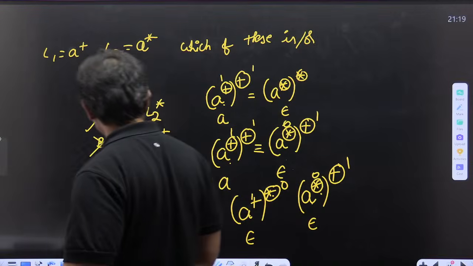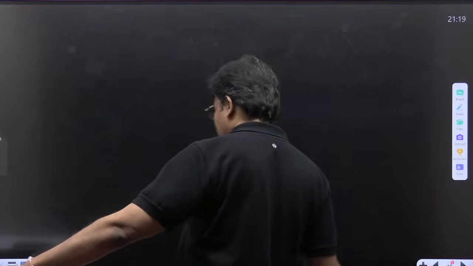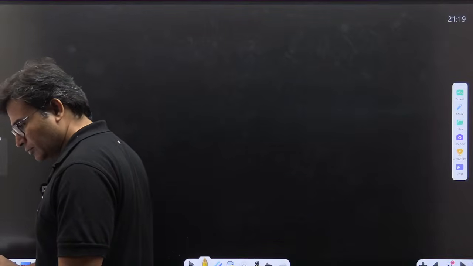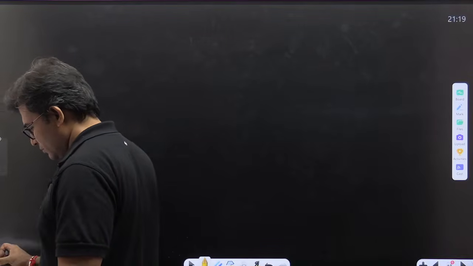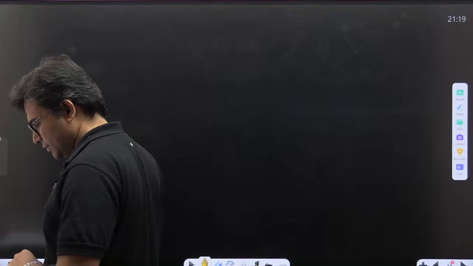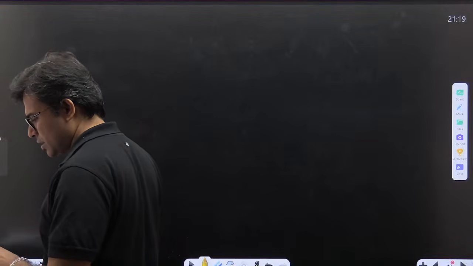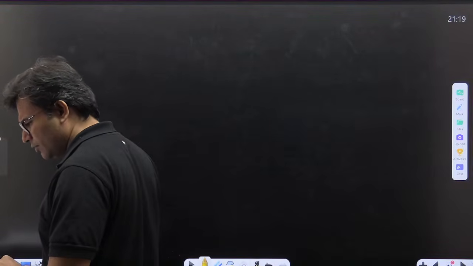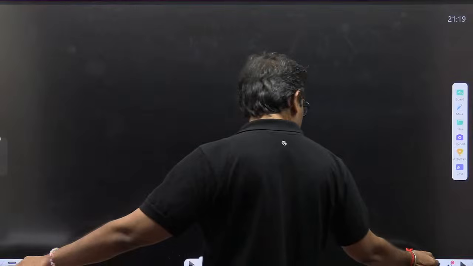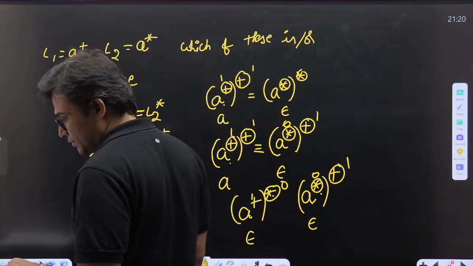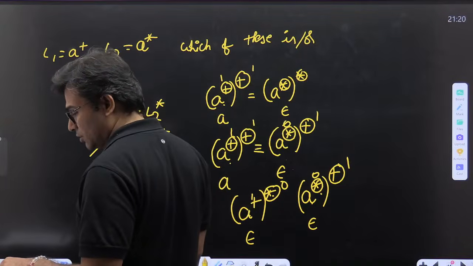Okay. Let's see the next question. This one over A plus is done. What was the previous question? The previous question was L equal to A plus A star.